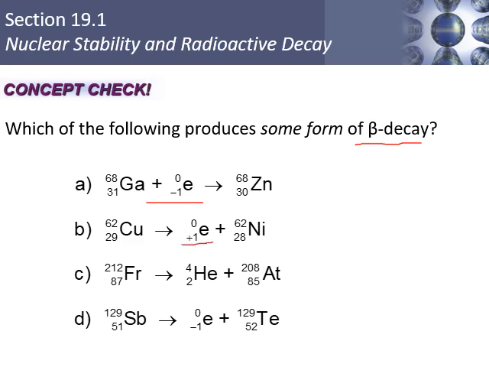If you want to pause these, you can, because I can't really pause it because of the time. So this one is also going to be, let me put a check mark here and a check mark here. What about C? No, right? What kind of particle is being produced here? Alpha, and that's not beta decay. What about D? Well, we're producing beta minus particles, so this is beta minus decay.